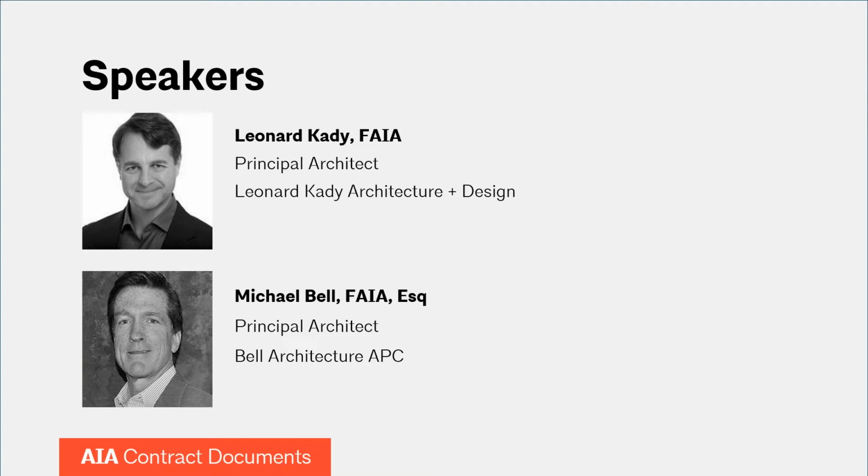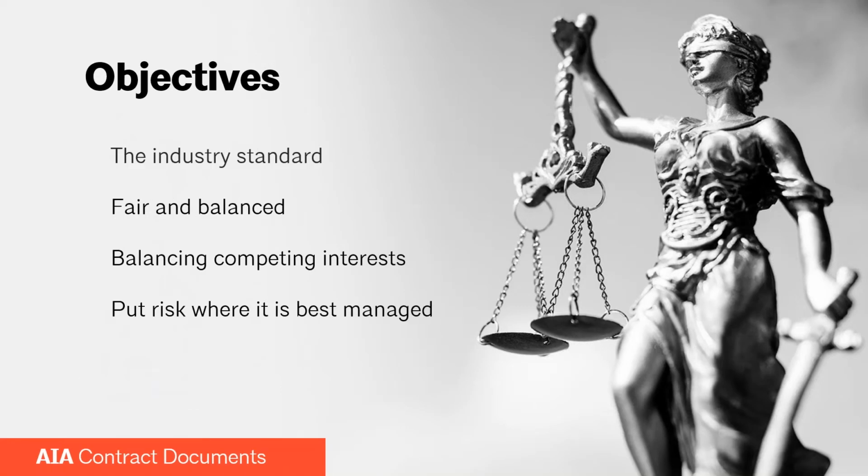Next slide, Jimmy. Sure. Thanks, Michael. So let's talk a little bit about the objectives of AIA contracts generally. Michael? Yeah, we do want the industry to treat them as a standard. We get use and feedback and learn from them and continually modify them. This is a committee of AIA that's supported by AIA staff members, and we work pretty hard, putting a lot of hours into this, and we try to make these contracts fair and balanced.